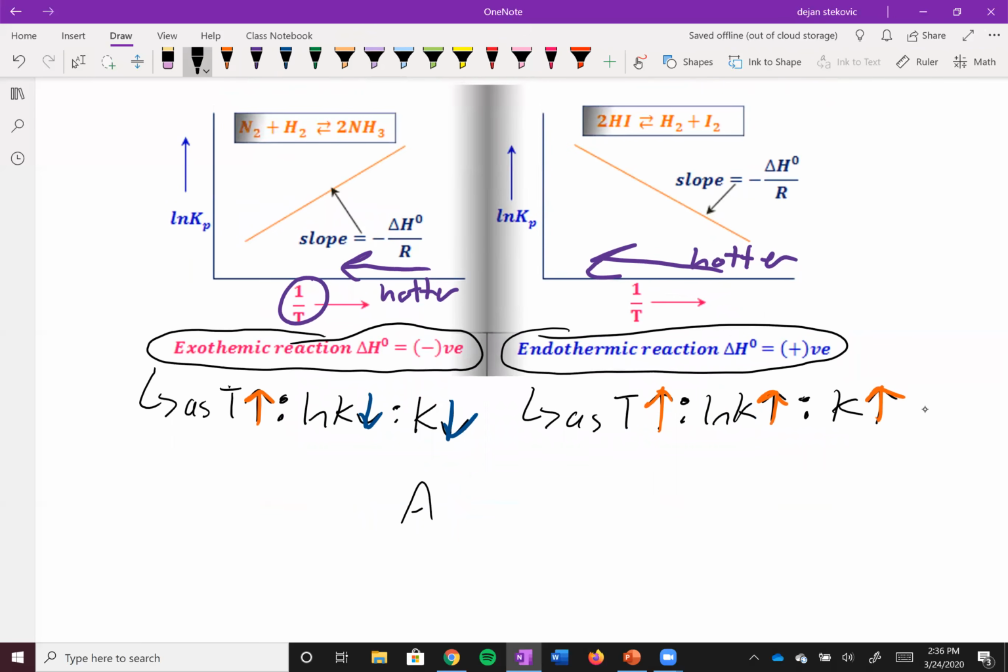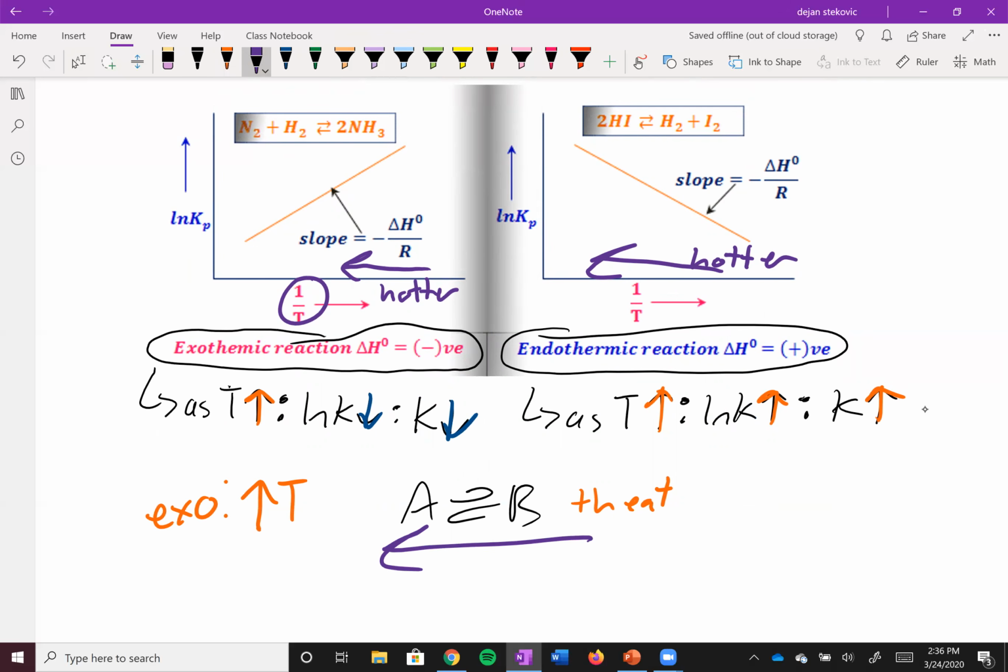And you can think of that in terms of Le Chatelier's principle, right? For an exothermic reaction, when we increase the temperature, heat is over here. And so which way are we going to shift it? We're going to shift it towards reactants, right? Towards a smaller value of K, which we can see is going on right here. And same thing for endo.